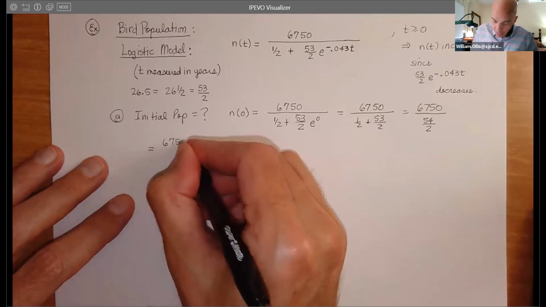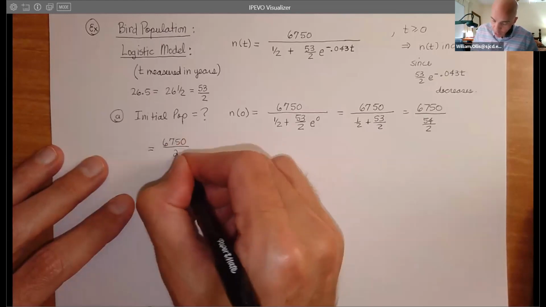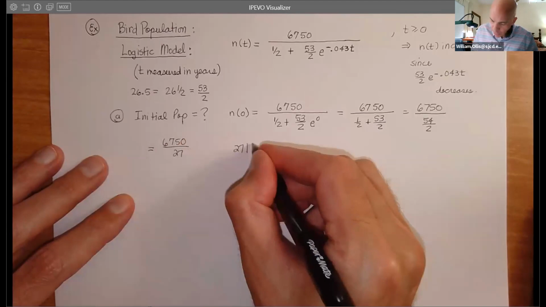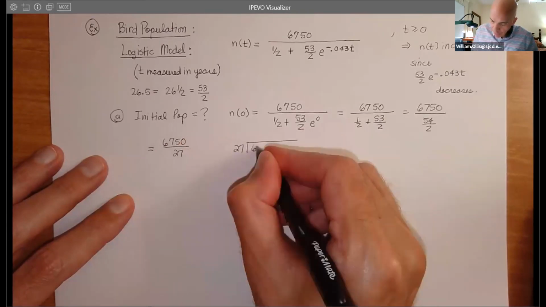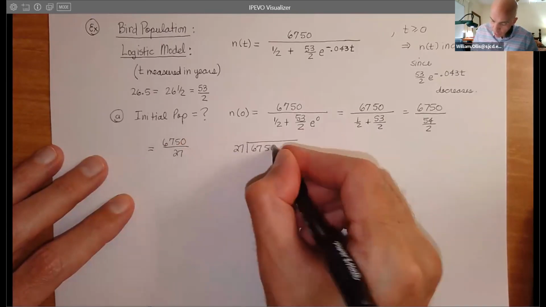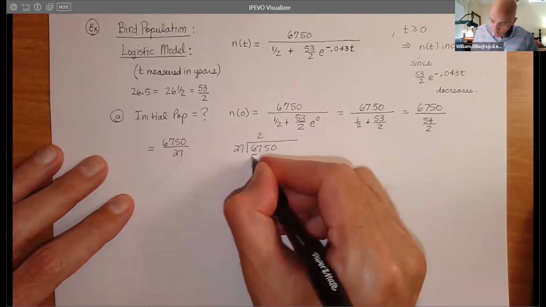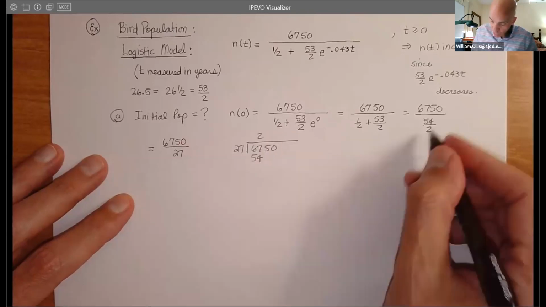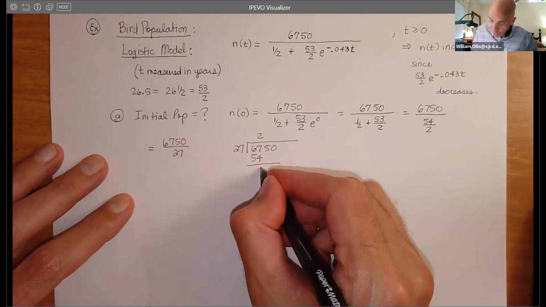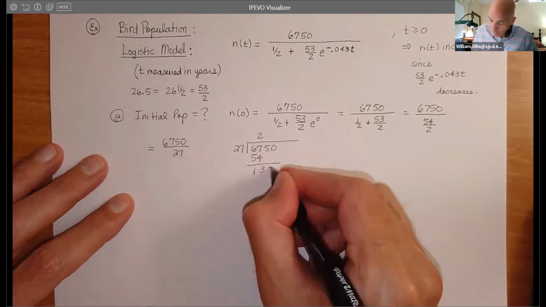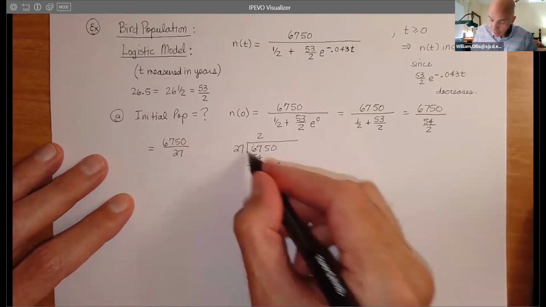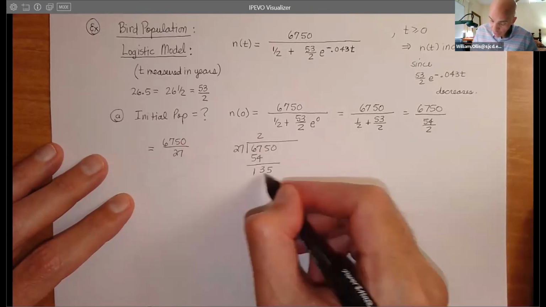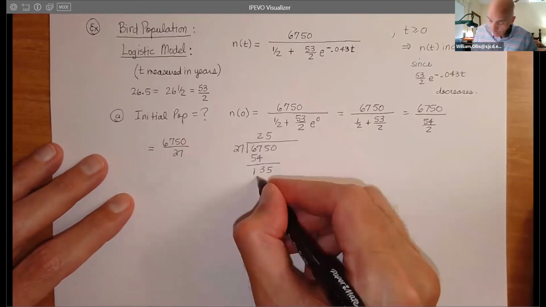6,750 divided by 27. And so this looks pretty good. So 6,750, that'll give us 2. Obviously, we know that's 54. We went forwards to go backwards. And so that'll be a 3 and a 1. And if we bring the 5 down, you can see that the 5 times this will give us 135.